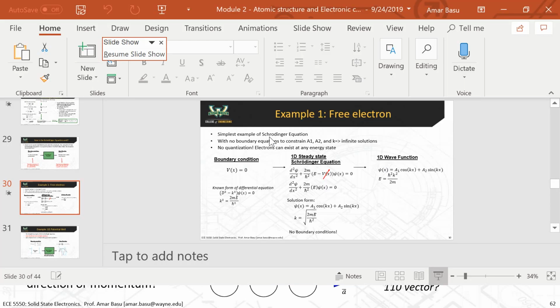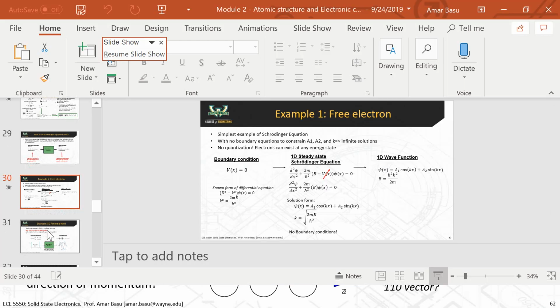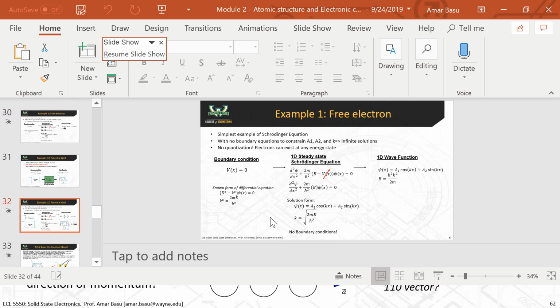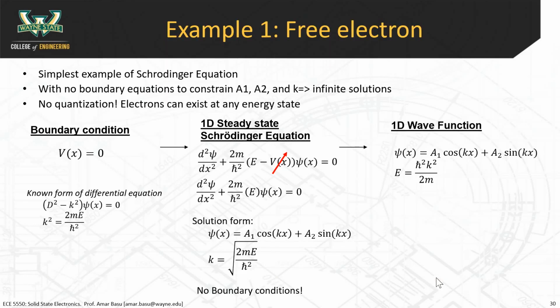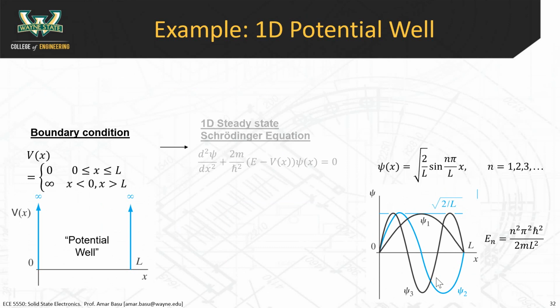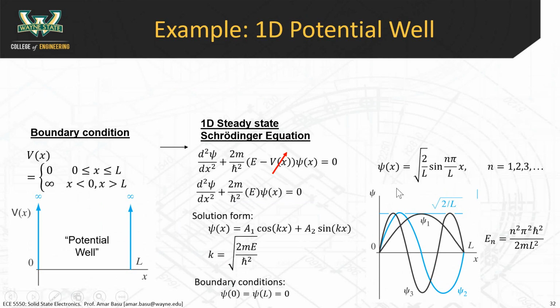Again, if we go back to the simple example of a one-dimensional potential well, when we talked about the Schrodinger wave equations, notice that there was a key point here: L is the distance between the two points of high potential. Wherever you have a nucleus, that's a point of infinite negative potential.